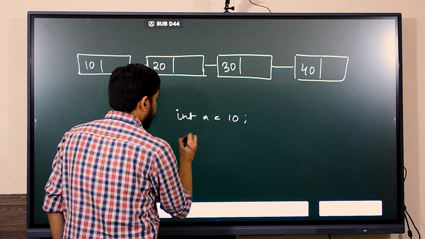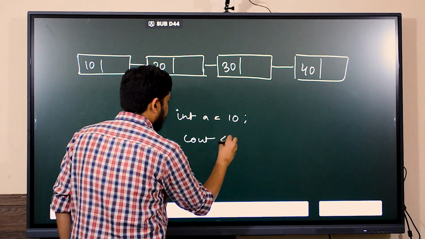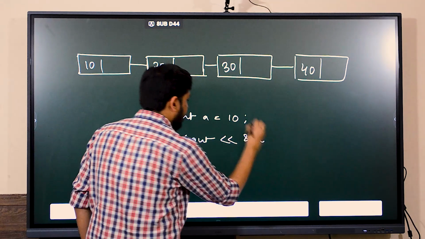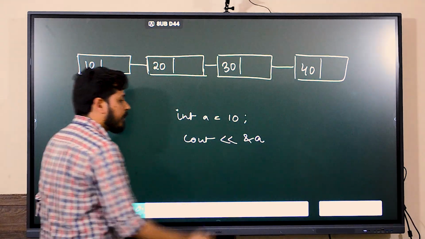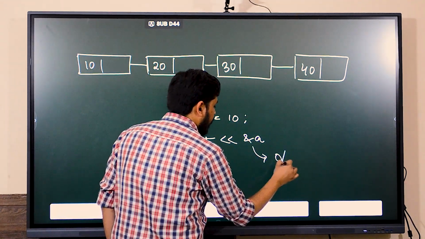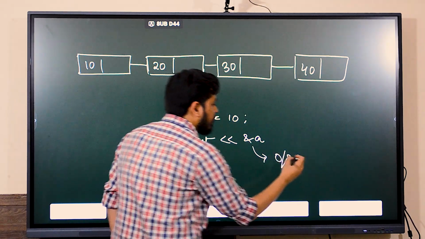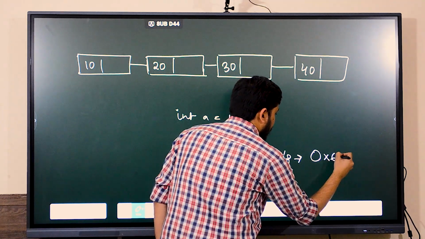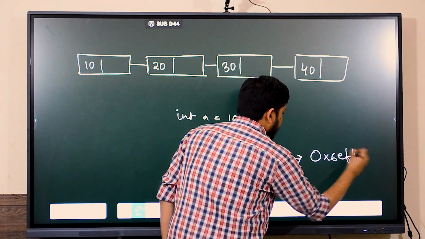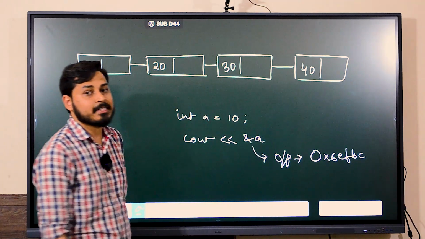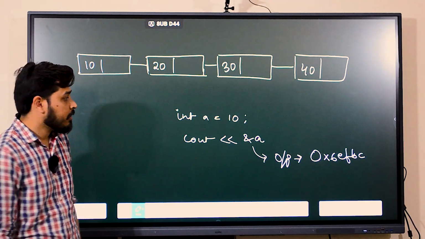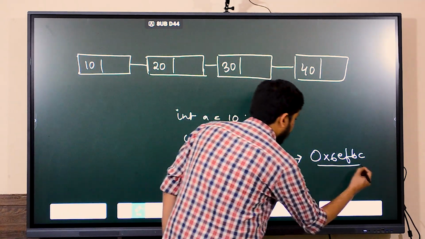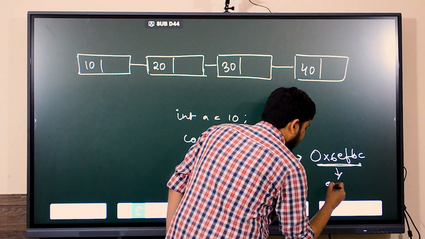If I use cout in C++ and print the ampersand of a, it will print something like 0x6efb. This is going to be a hexadecimal number, guys. This is your address.